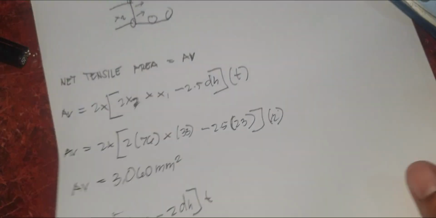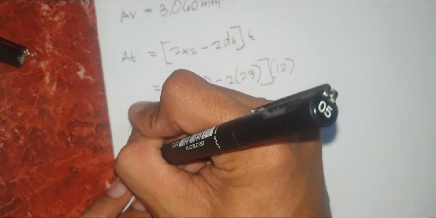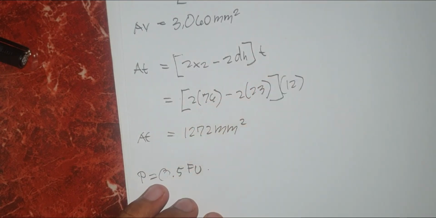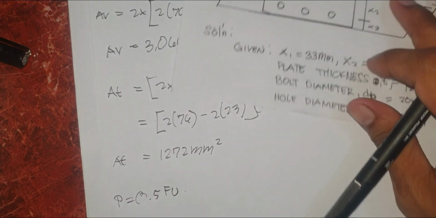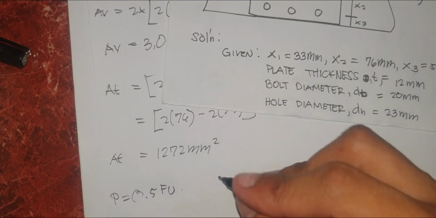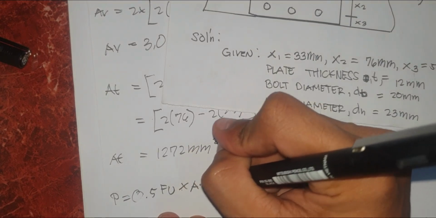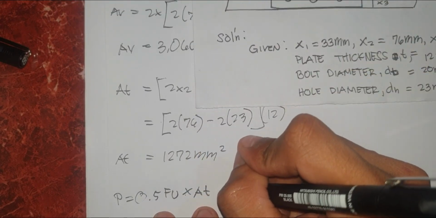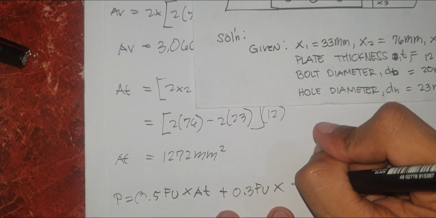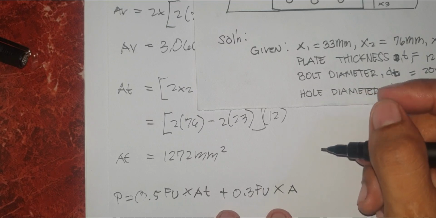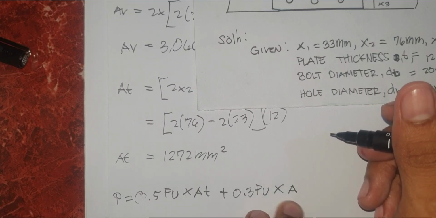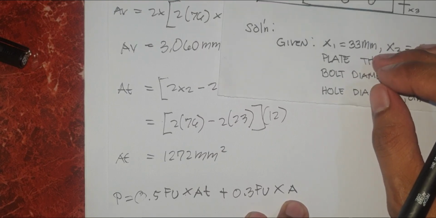So next is the P. Find the P. P equals 0.5 times the ultimate tensile strength of the plate times the net shearing area, plus 0.3 times the ultimate tensile strength times the net tensile area.